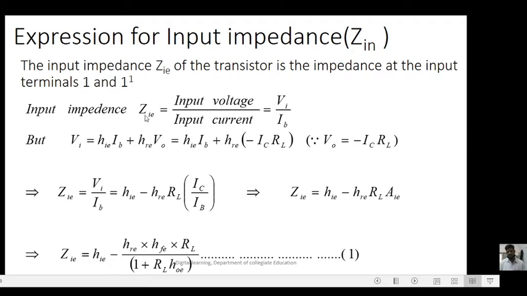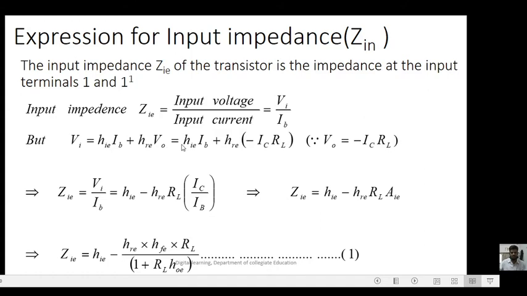Input impedance ZIE is defined as the ratio of the input voltage to the input current, VI divided by IB. But according to the circuit, VI is equal to HIE IB plus HRE V0.